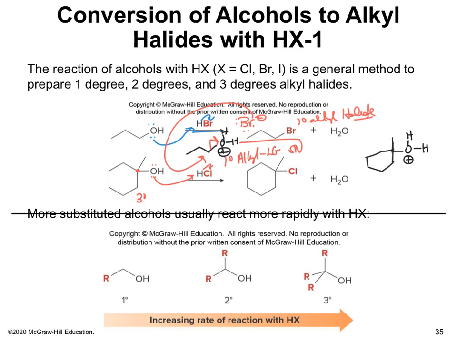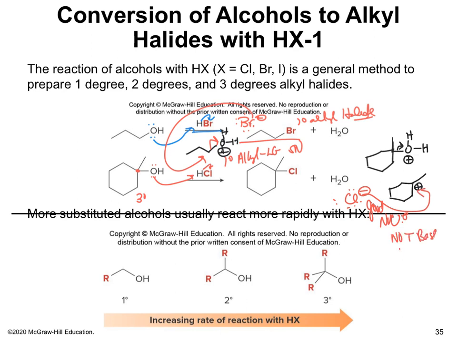Okay, so it's protonated. So now it's a good leaving group. And since that's tertiary, it's just going to leave because it's got a good leaving group. In this case, then you've got the chloride that has been generated, and that's a good nucleophile. So that's just going to come in. That's not a base, not a base.